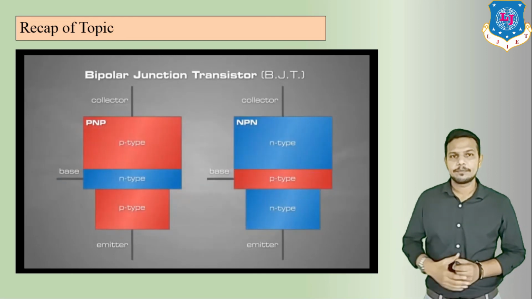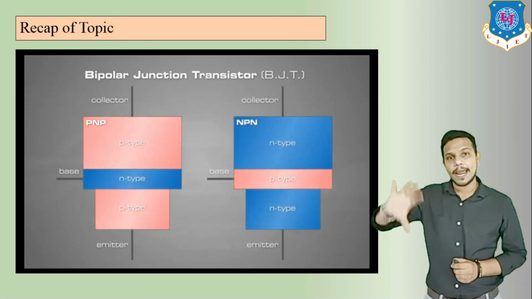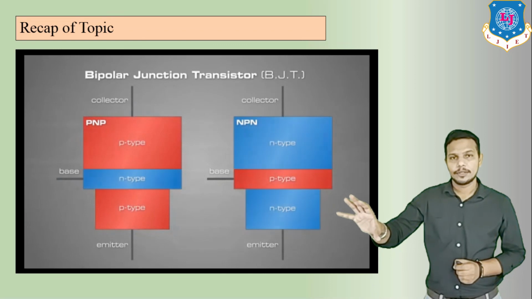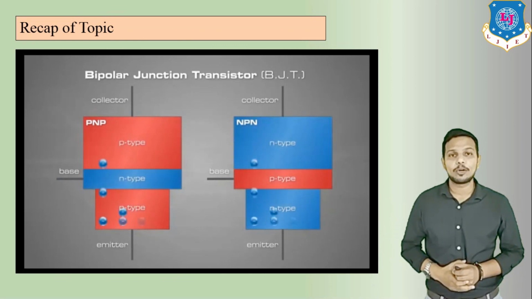So here we can see the NPN and PNP transistors. That's why it is known as a bipolar junction transistor.